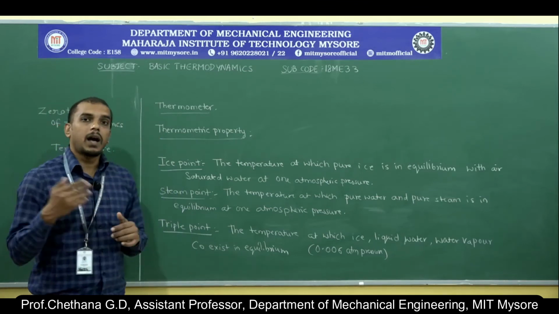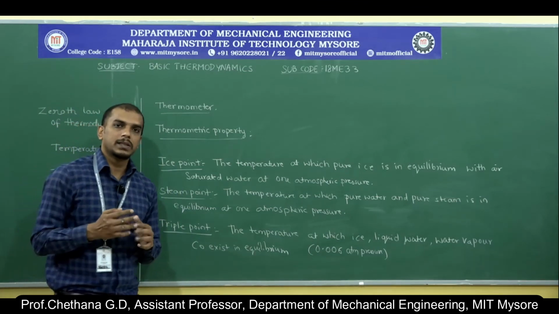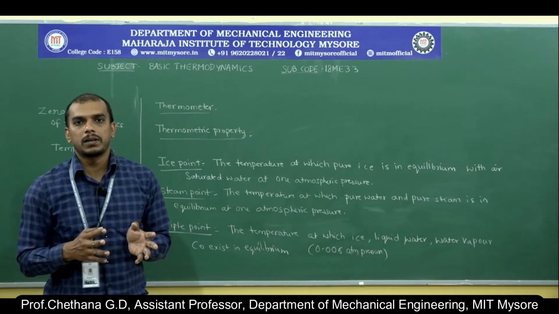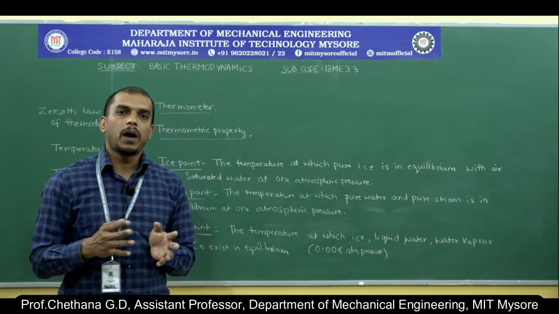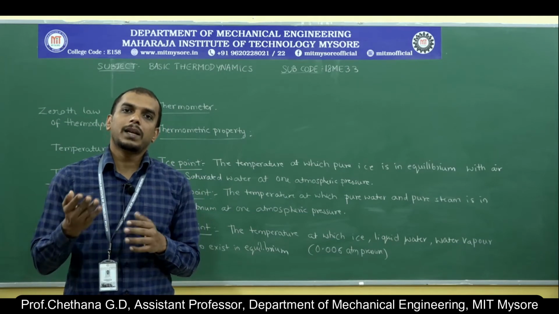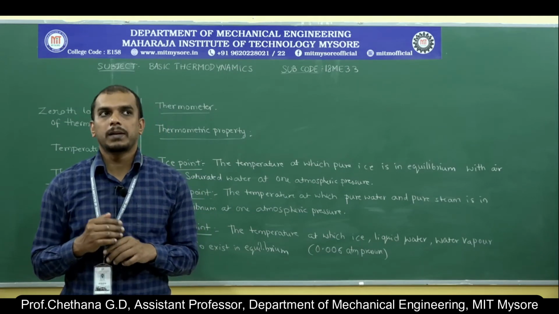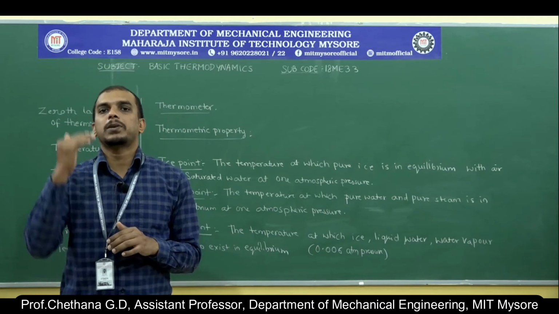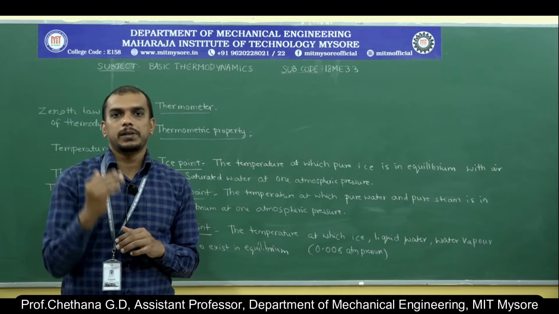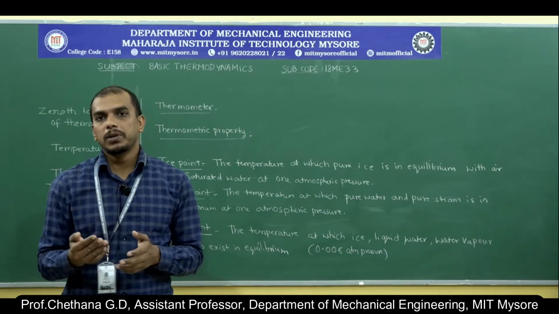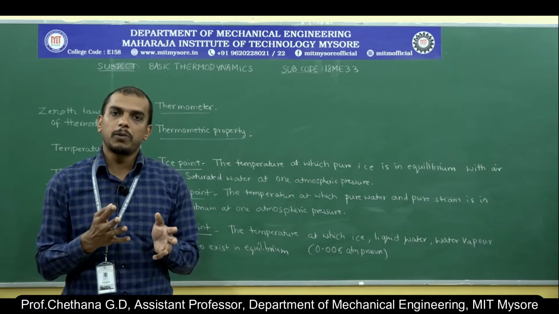There are other thermometric properties also, because the glass thermometer is not the only temperature measuring device which you have seen. You have the resistance thermometer, where resistance is the thermometric property. That means with respect to change in temperature, the resistance of the material changes, so that also can be used as a thermometric property.